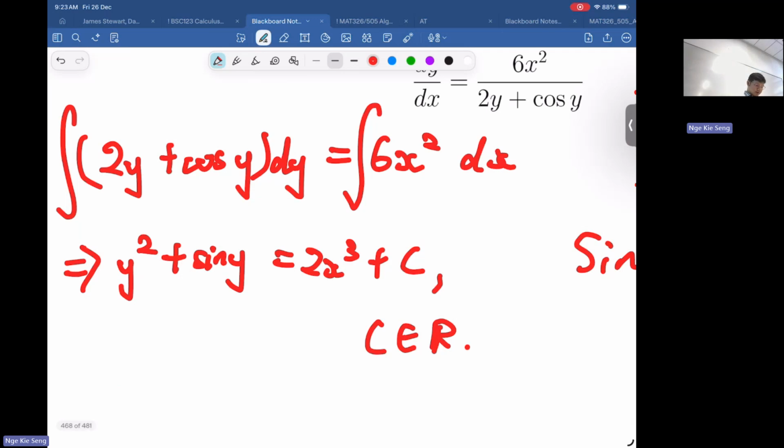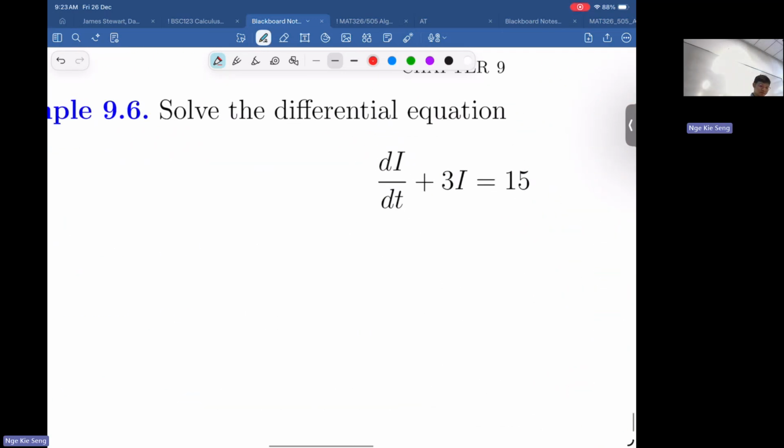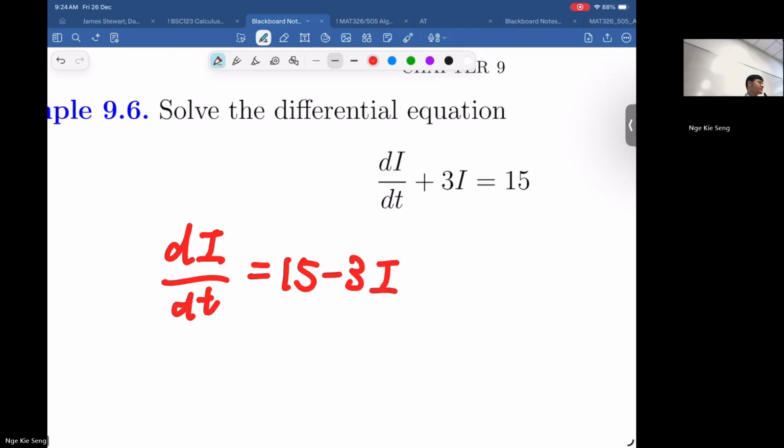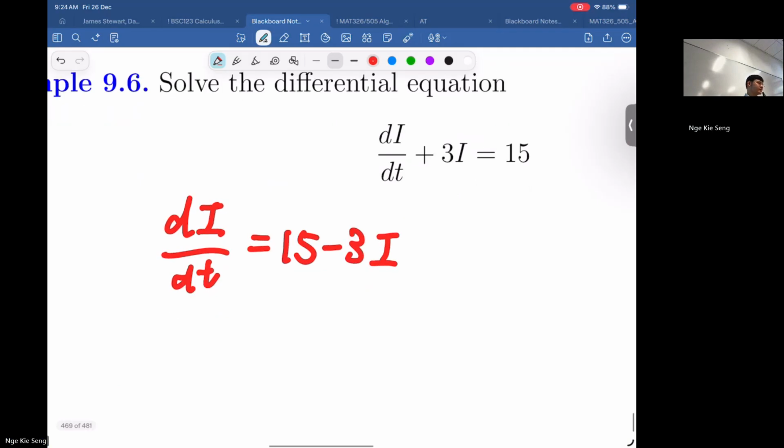All right, next, solve this differential equation. How about this? How do you split it up? Maybe you tell me how to split it up. Any idea on how to split this equation up? Minus 3i first, and then what's next?